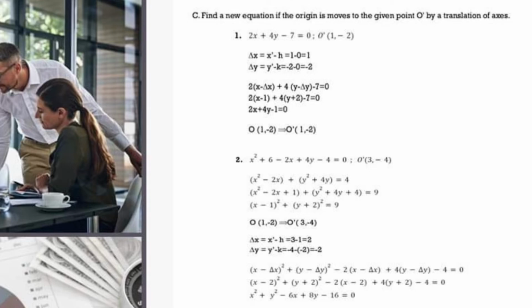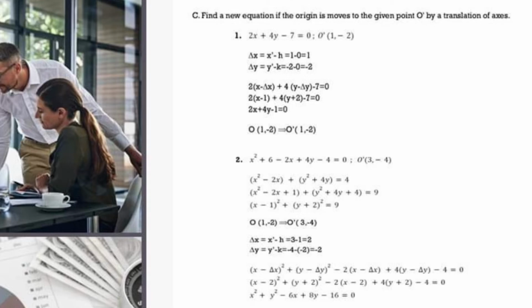Therefore we have 2 quantity x minus 1 plus 4 quantity y plus 2 minus 7 is equal to 0. And then 2x plus 4y minus 1 is equal to 0.